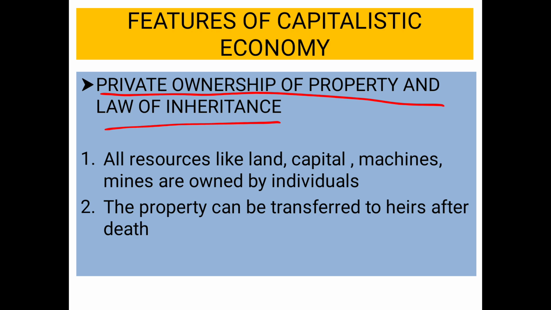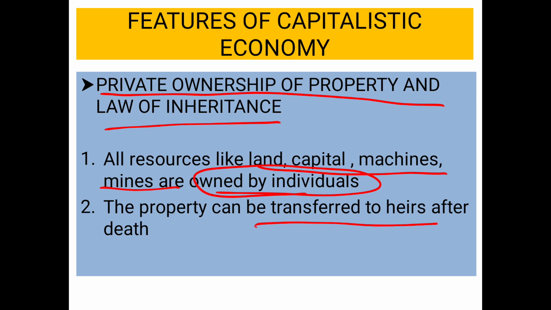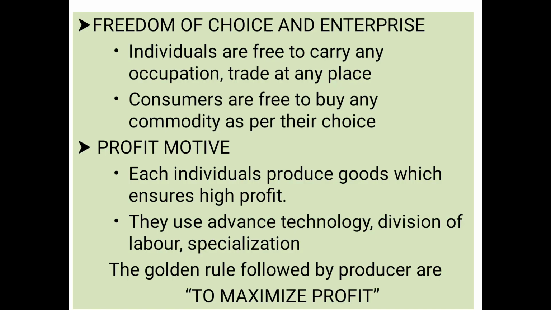So here it's given that all resources like land, capital, machine, mines are owned by individuals. Since it's private ownership, individuals own it. The second one is that property can be transferred to their heirs after their death. So the property passes down from generation to generation.